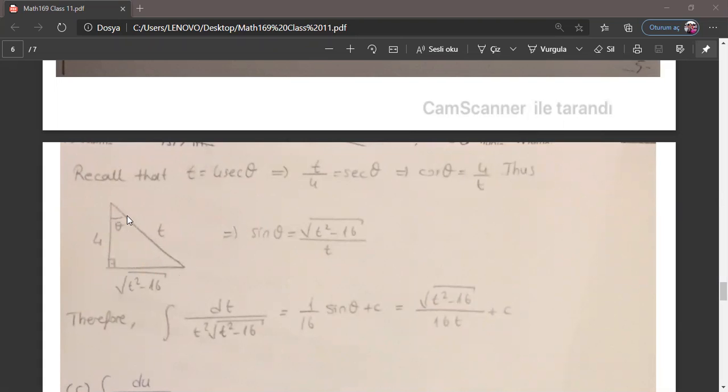Then again, using this triangle, you get sine theta is equal to the square root of t squared minus 16 over t. Now what do we have? We had before this answer. Now instead of sine theta, that's why we found it, okay? Because we had before sine theta. And sine theta is equal to this, exactly in terms of only t and some constants. So we have this answer now, okay?